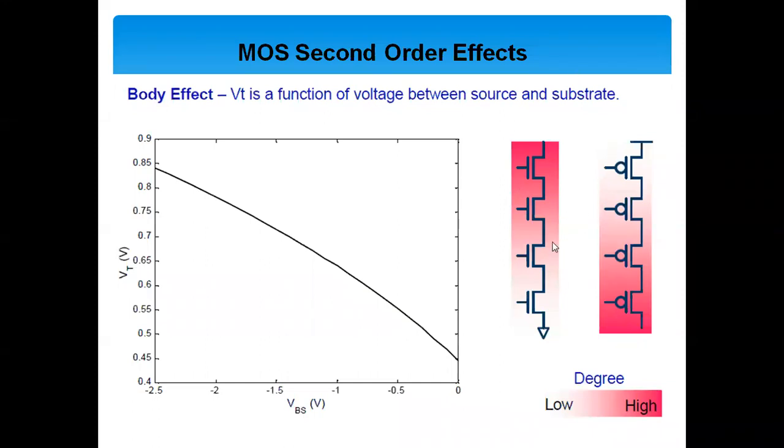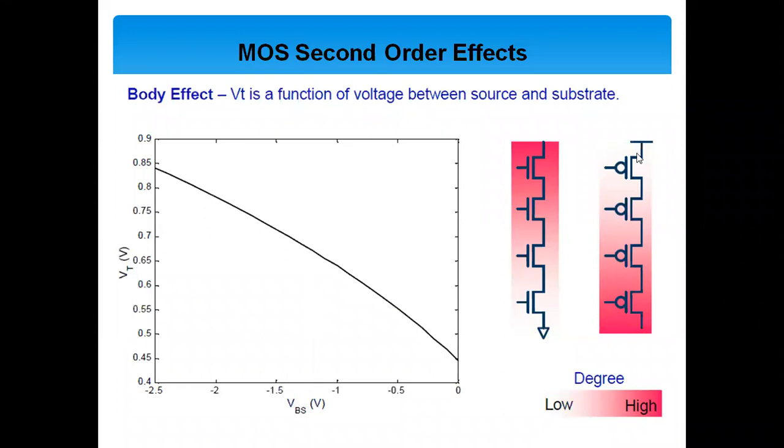Exactly the opposite is the case with the PMOS transistor, right? In the case of this PMOS transistor, at the VDD side or positive side, you will experience a lesser amount of heat dissipation. And as you travel towards the ground, you will get the highest amount of heat dissipation. And this effect is called the body effect.